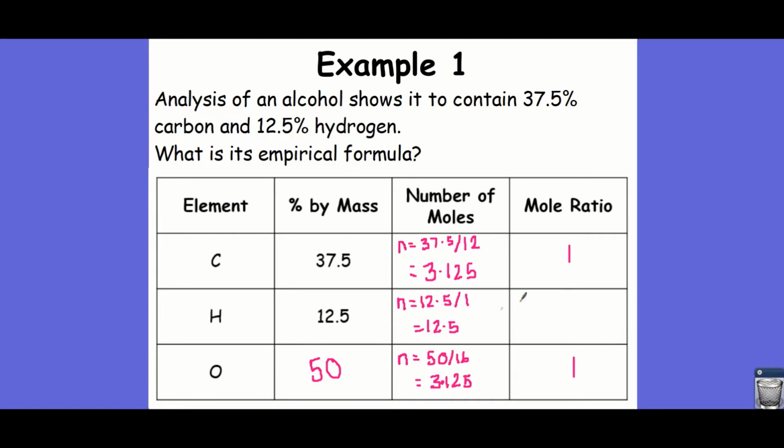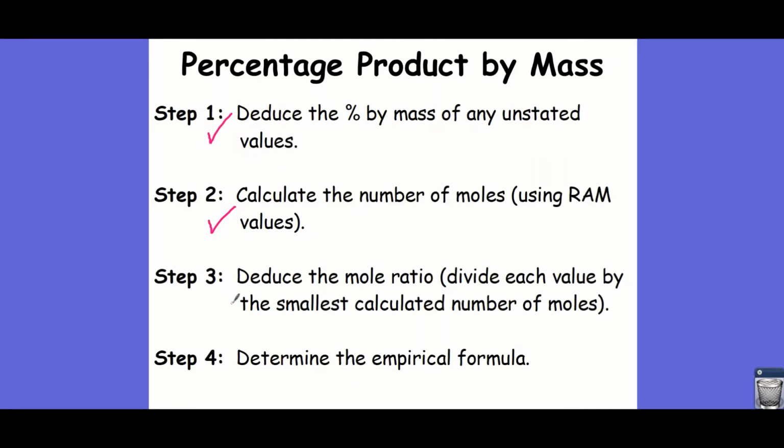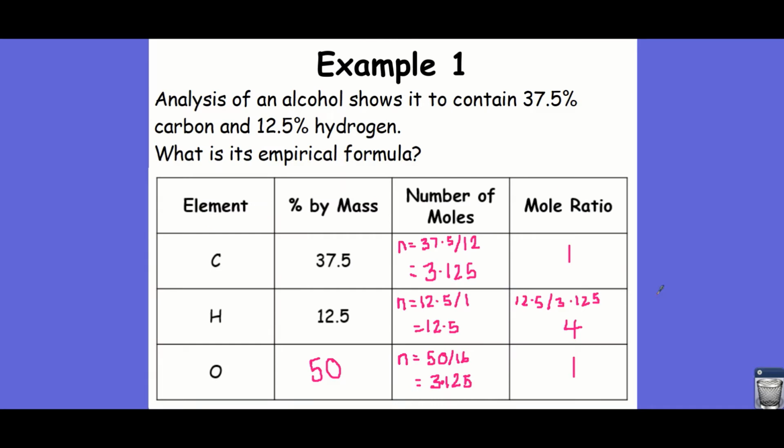And to work this out, we would do 12.5 divided by 3.125, and that would give us an answer of 4. So we've done step 3. All we have to do next is determine the empirical formula. I'll just do that over the side. So the empirical formula is just going to be CH4O.